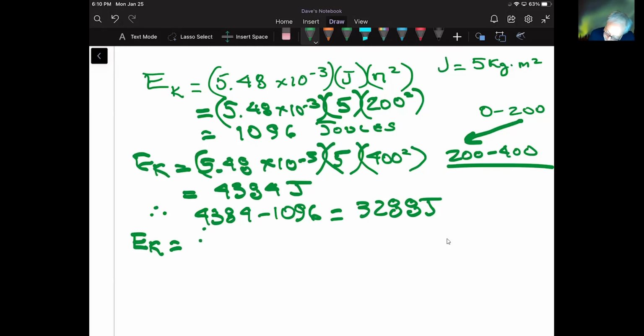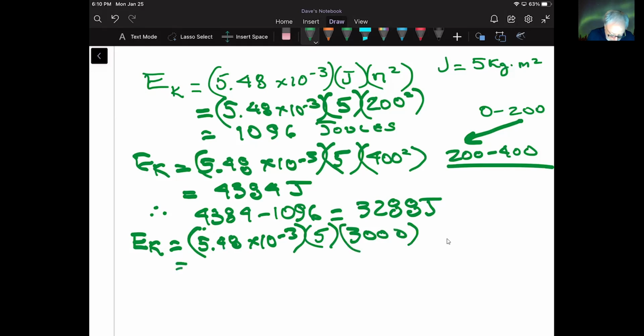So it's going to be, again, 5.48 times 10 to the minus 3, which is our constant that's given. The J number is the same. We're going to plug in 3,000, and when we multiply this out, at 3,000, it comes out to be 246,000 joules.